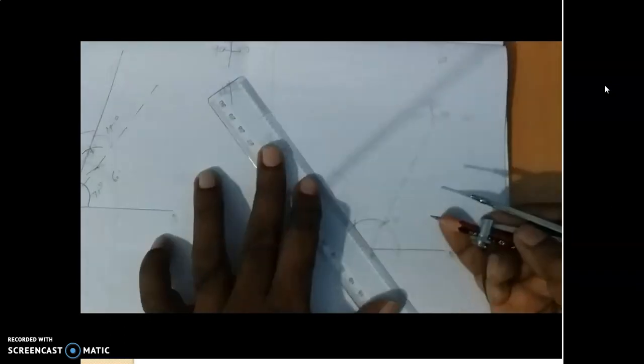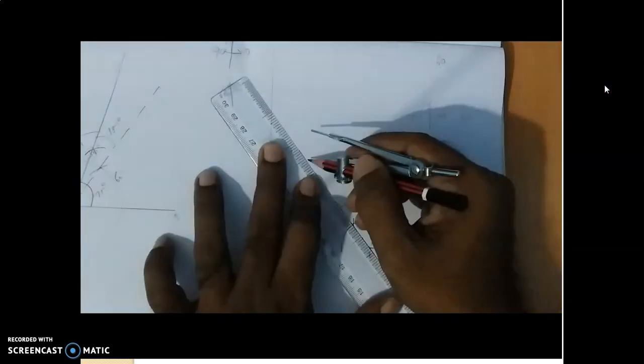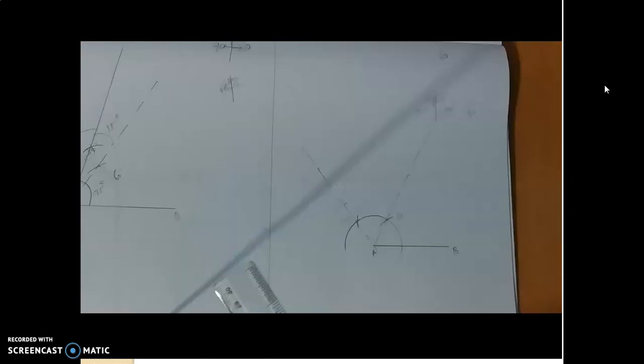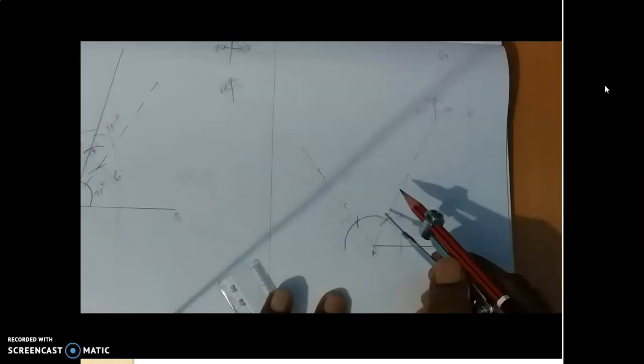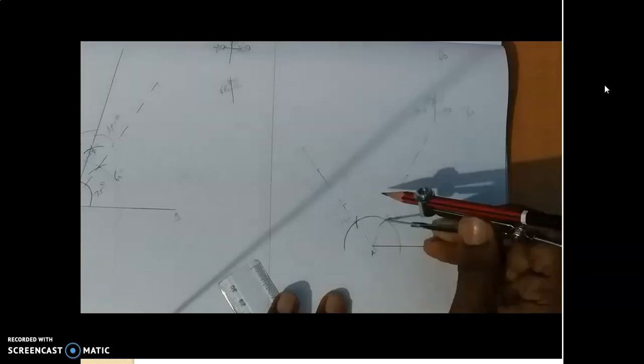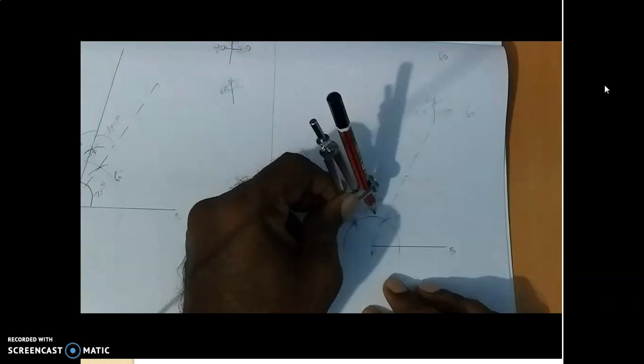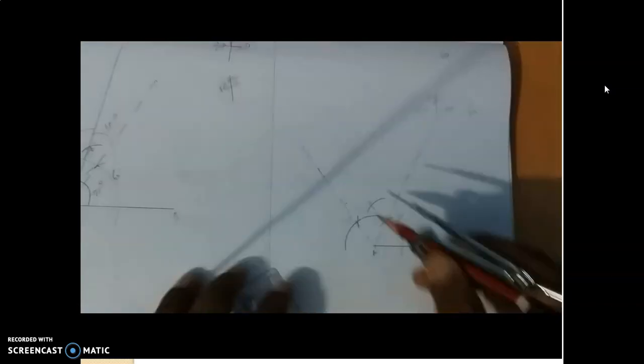Next, through the 120 also. So through the 120. Then after that, now for 90 degree. The 90 degree is the bisection of these two only, right? So bisect: take more than half of the arc, draw one arc here, and then with the same measurement, draw one more arc, right?